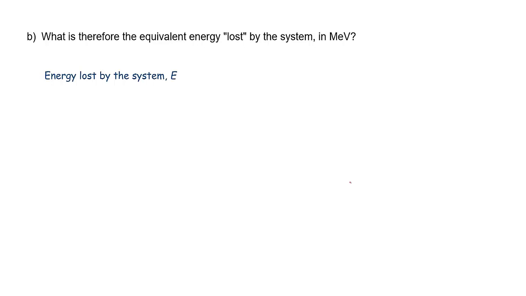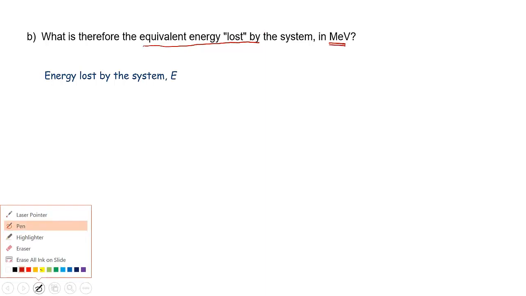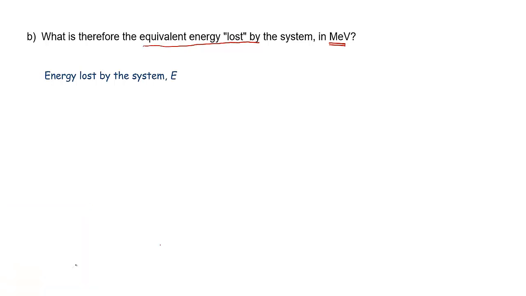Okay, so let us now go to part B. In part B, you are asked to find the equivalent energy lost by the system, and you want it in mega electron volts. I'm going to first find it in joules, then convert it to mega electron volts.